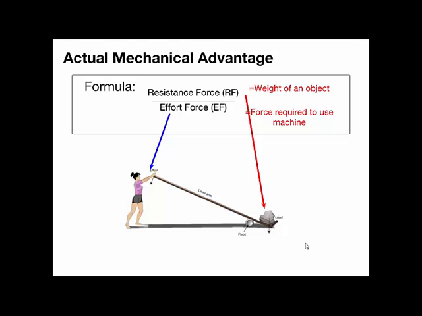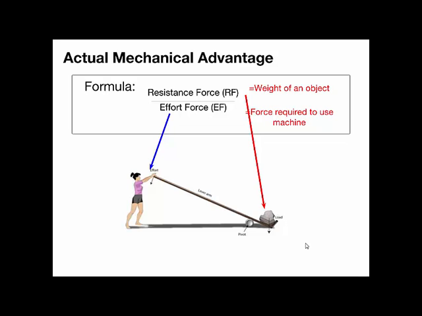So, if you imagine this scenario, you have our load here, which is going to be greater? The resistance force or the effort force? They're not going to be equal, the way this is set up. Right? What? The effort force.